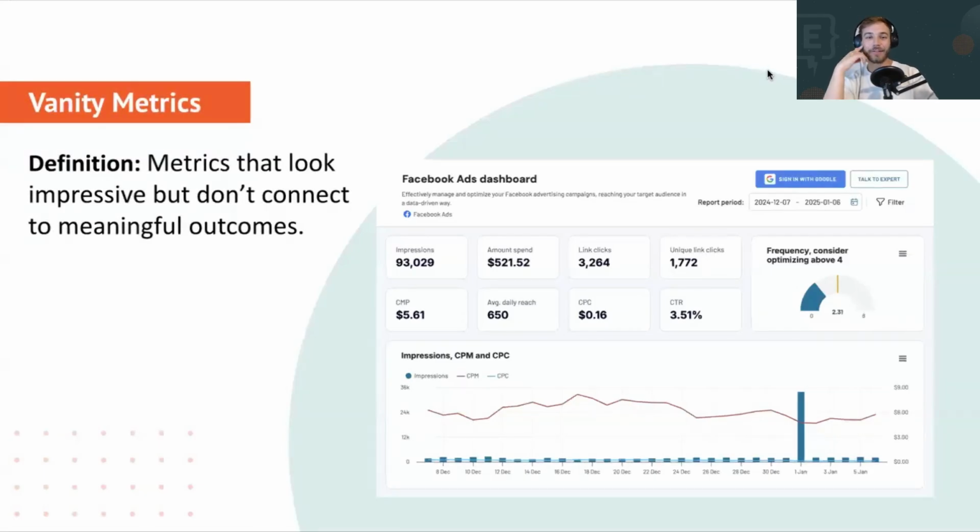Yeah, anytime there's social media involved, my vanity metric radar is on high alert. And the vanity metric that I'd point to right here is this impressions number. I've seen many marketers show up to the marketing meeting talking about, look at us, we got 93,000 impressions on this ad, and it's only been running for a couple days.